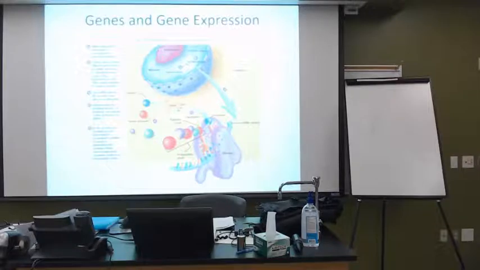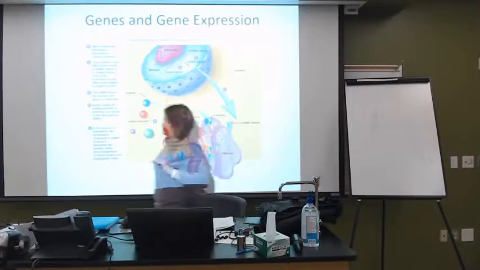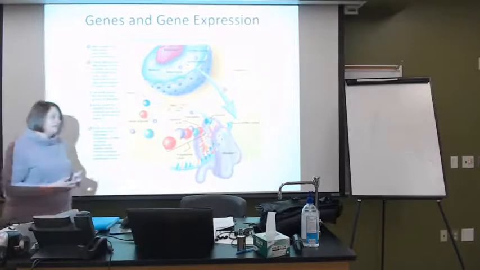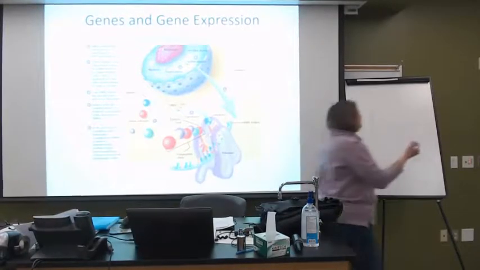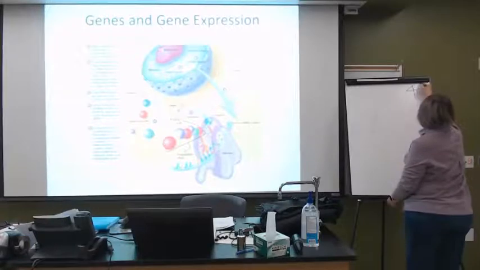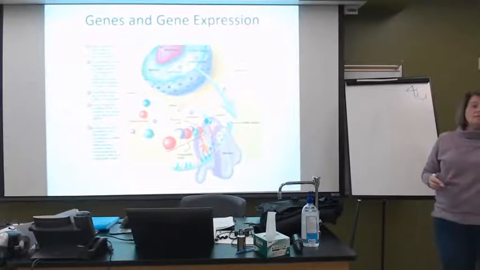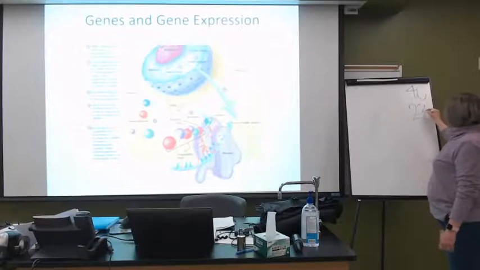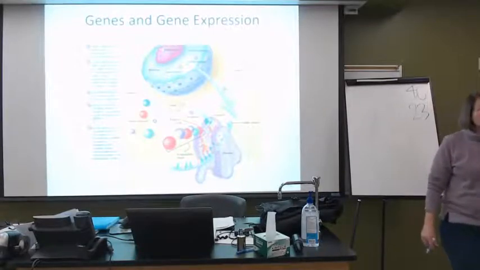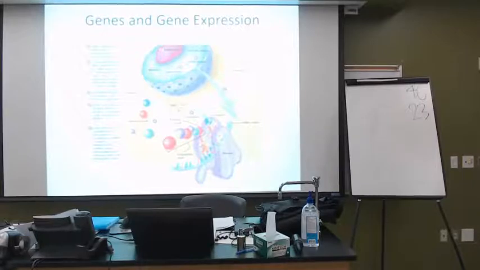One molecule of DNA represents a chromosome: 46. So we have 46 chromosomes, which gives me 23 pairs. One molecule of DNA is a chromosome.